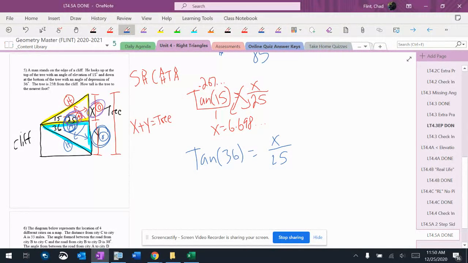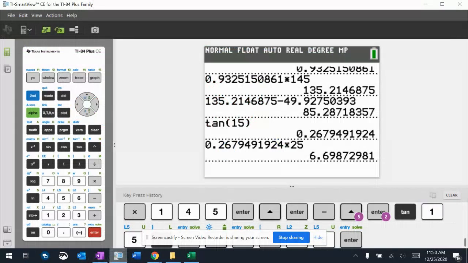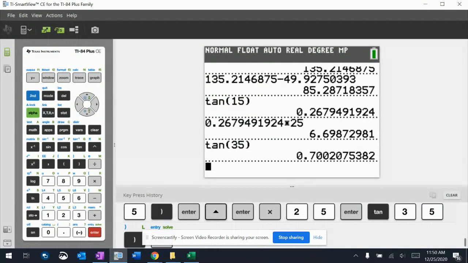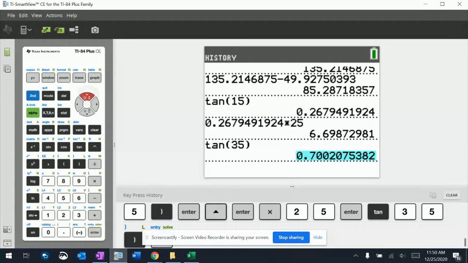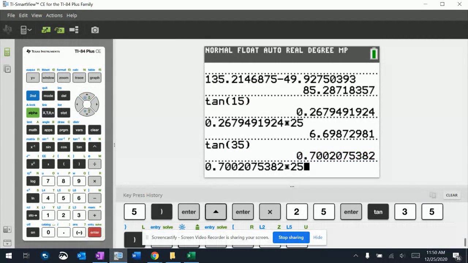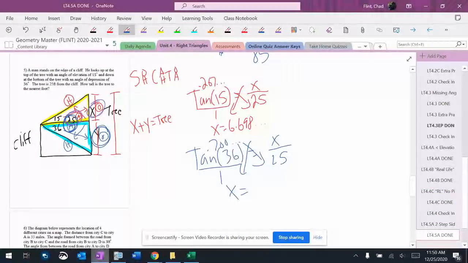I don't know the opposite. I know the angle, so it goes over 1. Tangent 36 is 0.700. Cross multiply, and I get x equals 17.505.